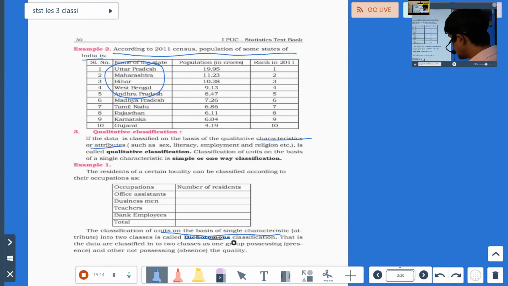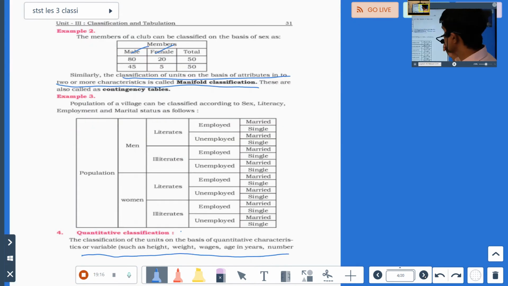In qualitative only, if it is done on the basis of attributes in 2 or more characteristics, such is called as manifold classification. These are also called as contingency tables. There only one thing is there, but here more than 2 things are there. So that's why this is manifold.